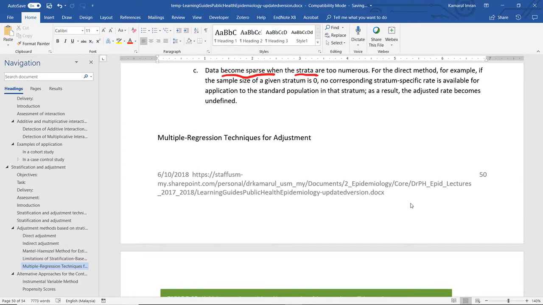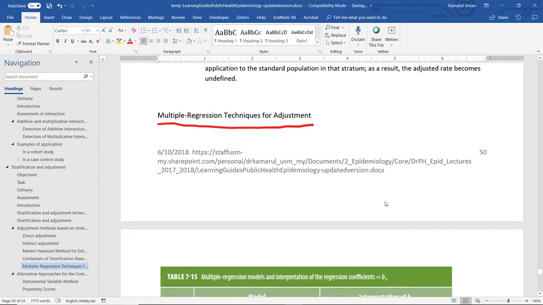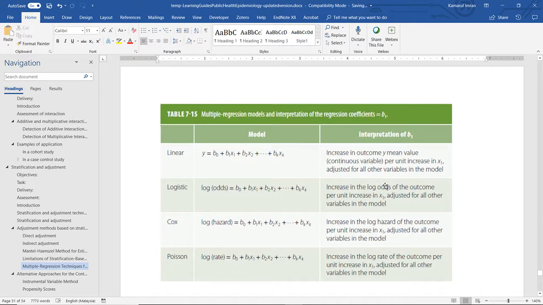So what you can do is use multiple regression techniques for adjustment. You have learned this in your MPH program. So you have linear regression, logistic regression, Cox proportional hazard regression, and Poisson regression. This is the statistical model.